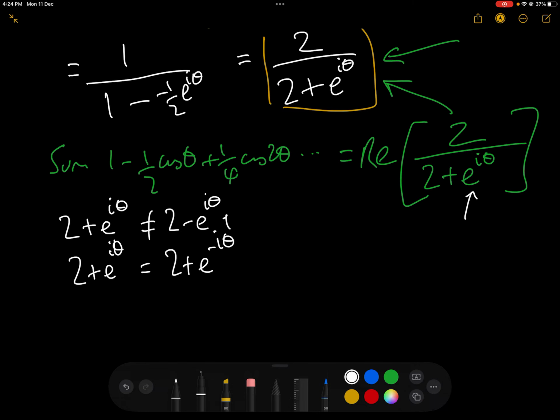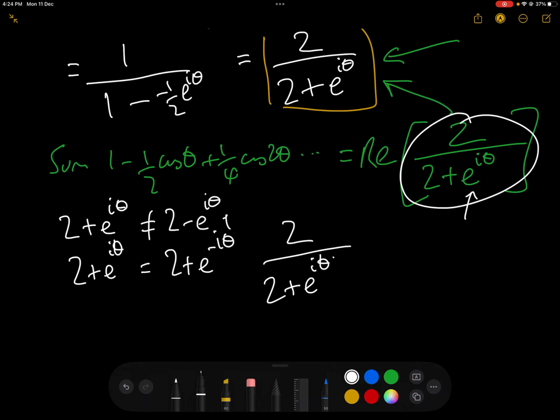So let's multiply this, so that's 2 over 2 add e to the I theta, times the conjugate, just to get rid of the e to the I theta from the bottom, is 2 add e to the minus I theta over 2 add e to the minus I theta.